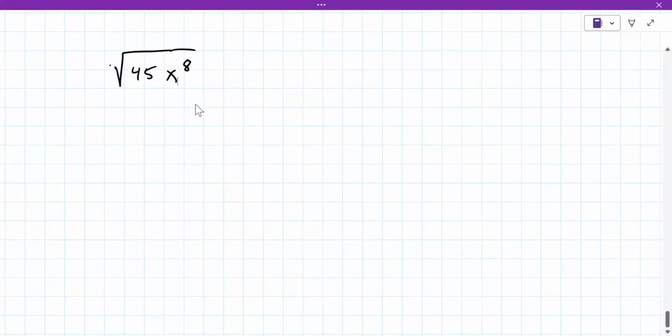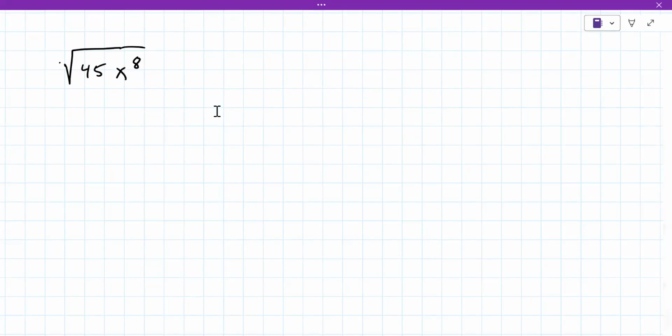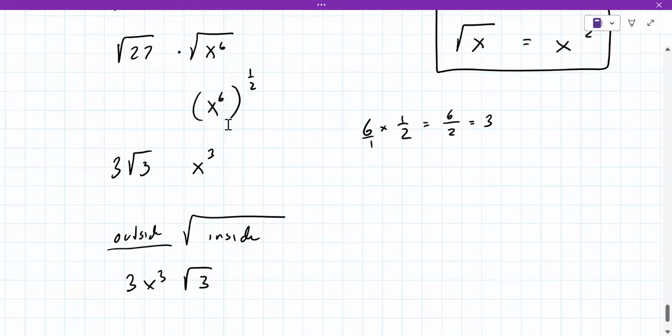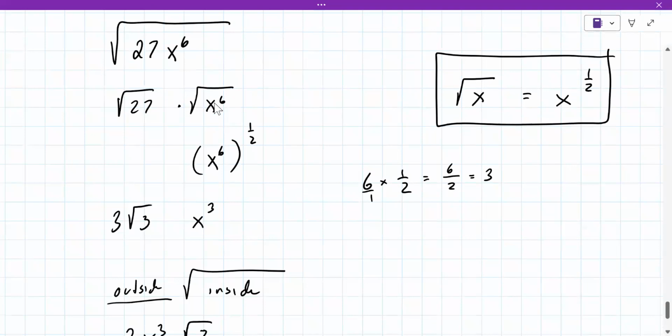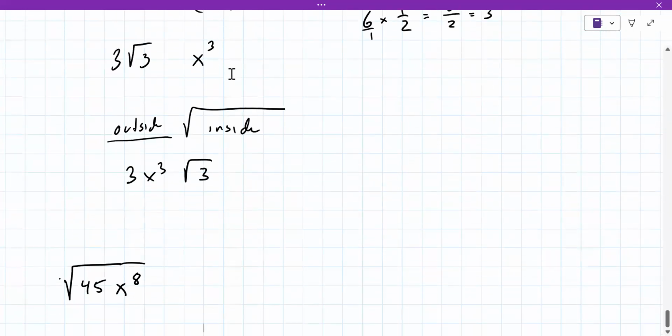All right, so let me have you try one here. Let's have you try the square root of 45 x to the 8. Why don't you try this one for us, please? If you need me to, I can scroll up and look at the other one. Can I see the top one real quick? Sure.